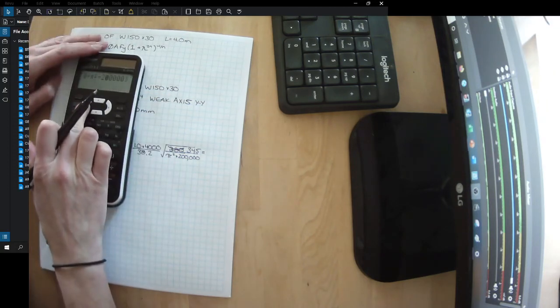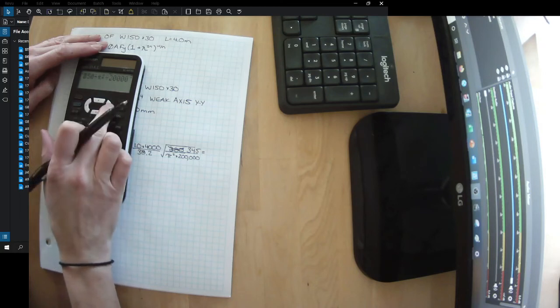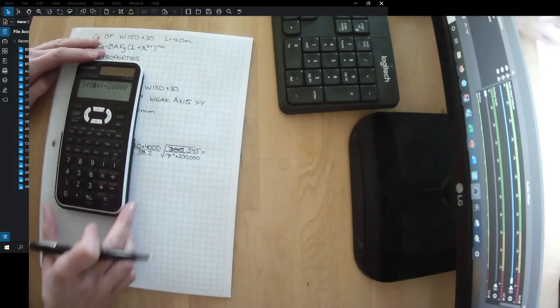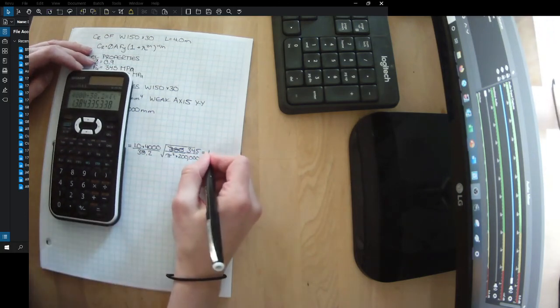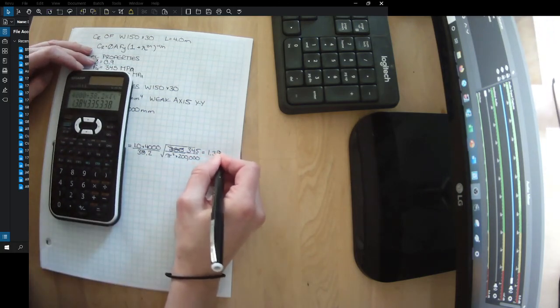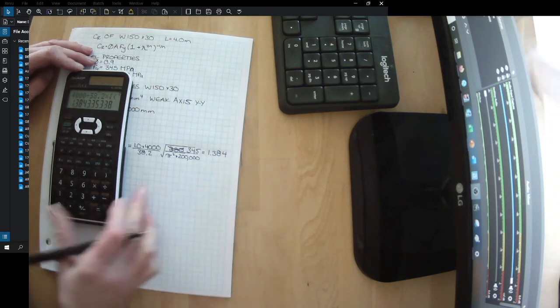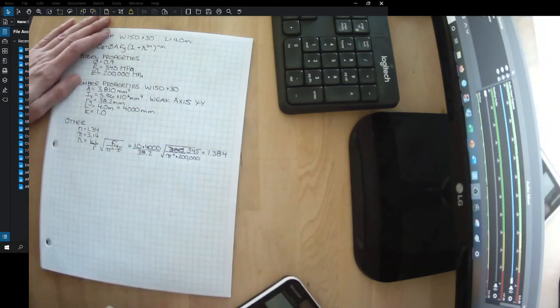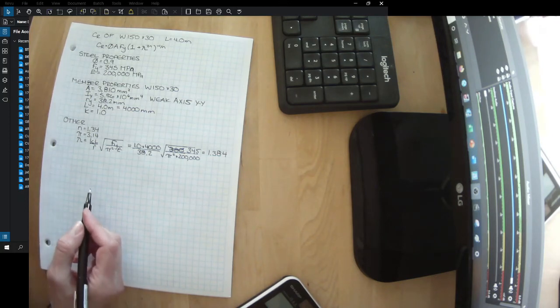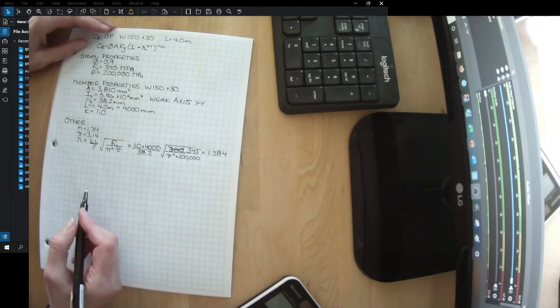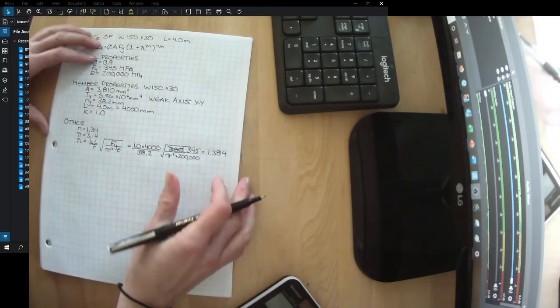So I'm going to come back into my equation here and change that to 345. And I get lambda equals 1.384. Now, do you guys remember that our other example, we had 2.1829. So this is a smaller lambda.